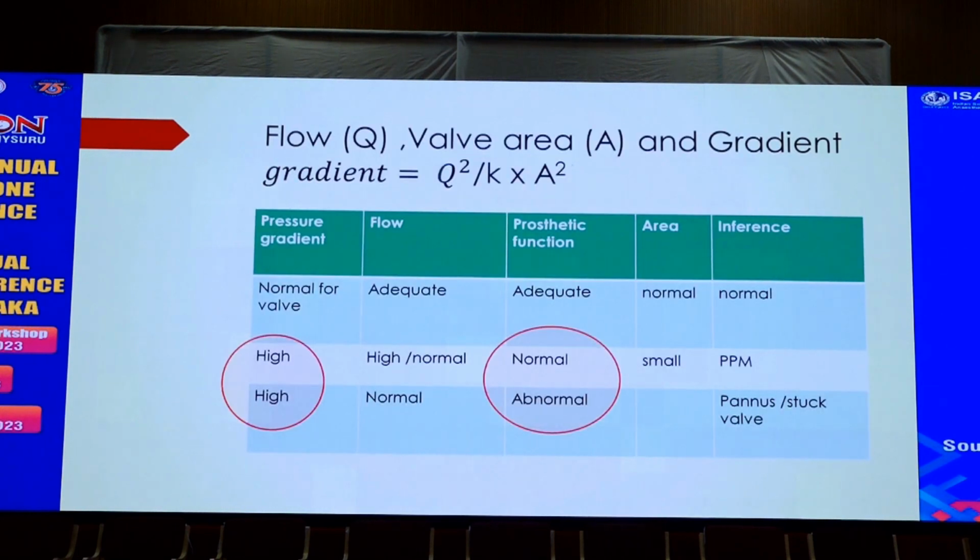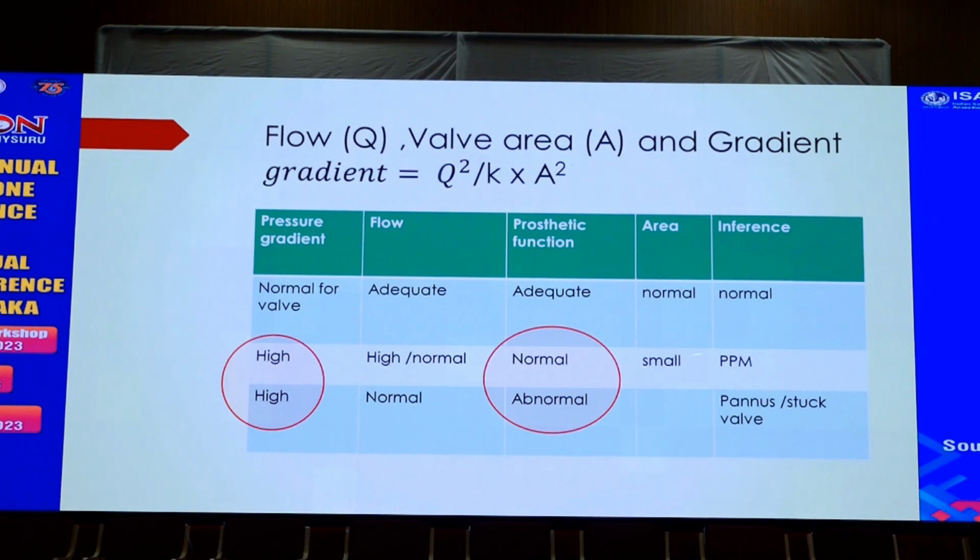Now you have to remember this formula: pressure gradient is directly related to flow and inversely related to area. So if the pressure gradient is high, and your flow is normal and the prosthetic valve function is normal, then the valve is too small for the patient. That's why your pressure gradient is high.